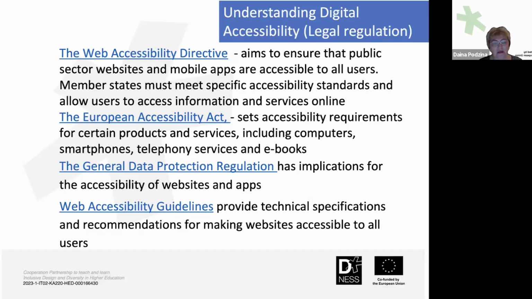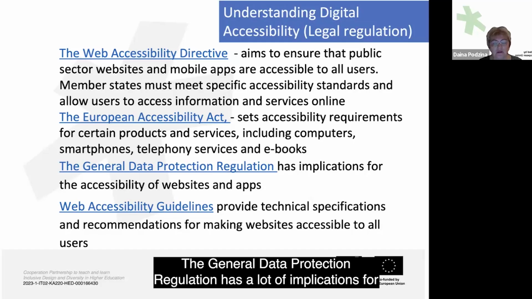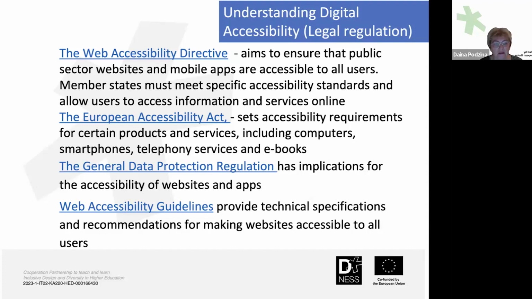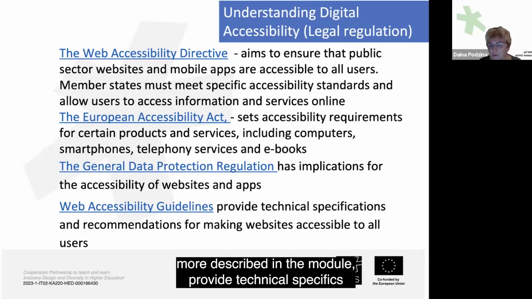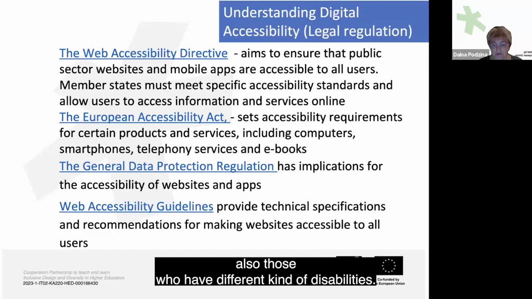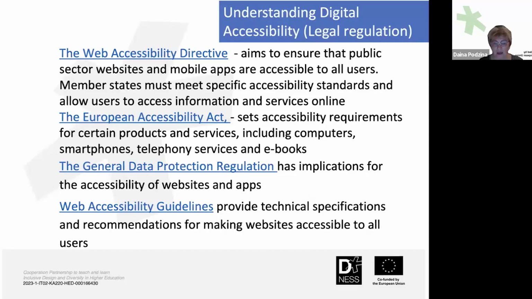The General Data Protection Regulation has no implications for the accessibility of websites and apps, and the web accessibility guidelines, which are described more in the module, provide technical specifications and recommendations for making websites accessible to all users, including also those who have different kinds of disabilities.